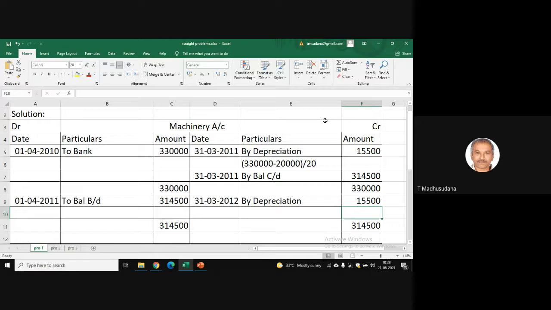How much? 2 lakhs 90,000? Thousands, sir. How much? 3,14,500 minus 15,500 is 2,99,000.